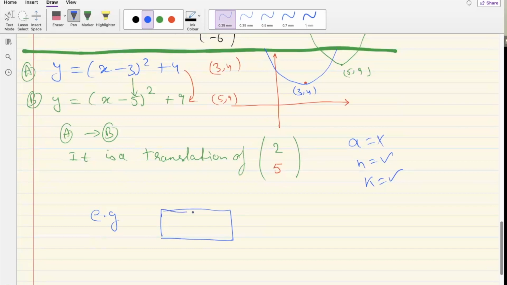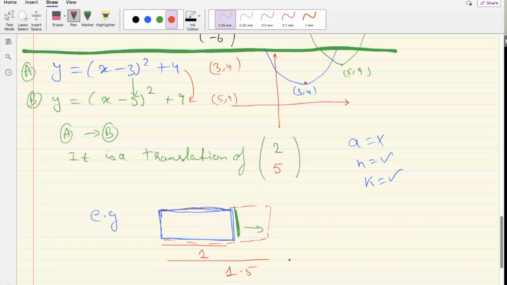If we have this rubber material of rectangular shape and you pull this green side towards the right and the new shape looks like this, it has been stretched. If the first length was 1 unit, the new length is 1.5 times the previous length.